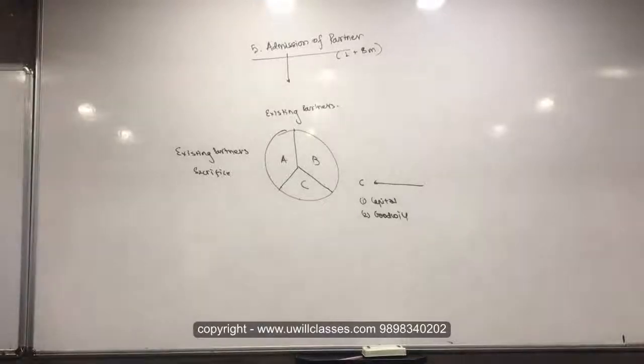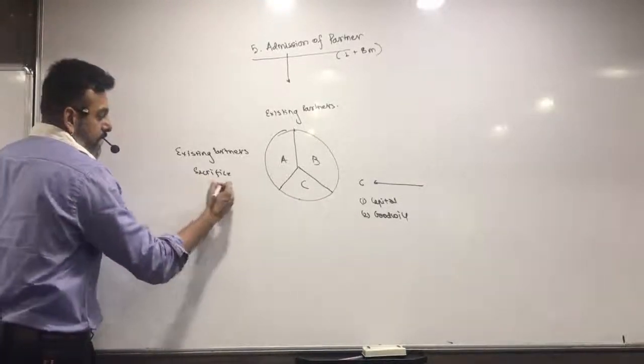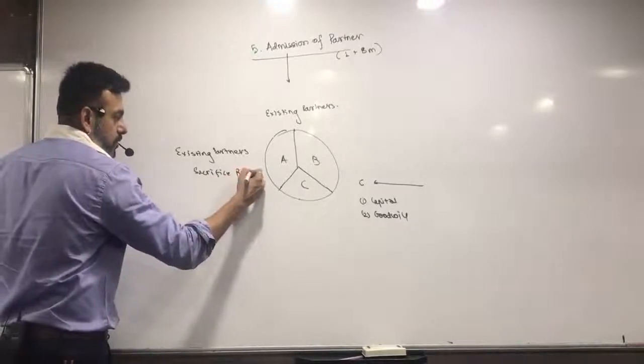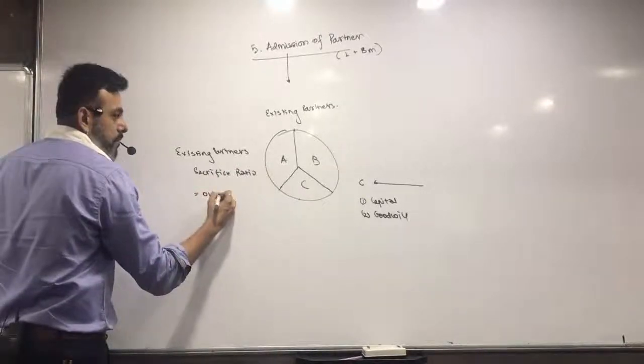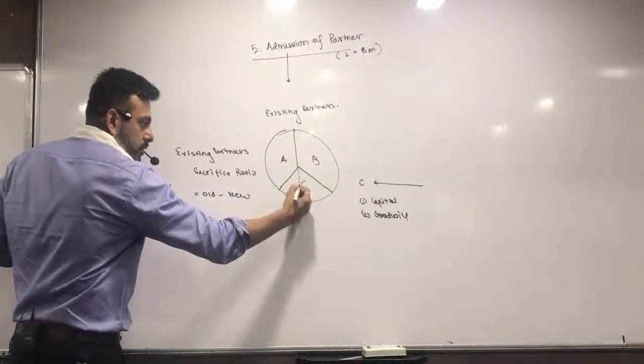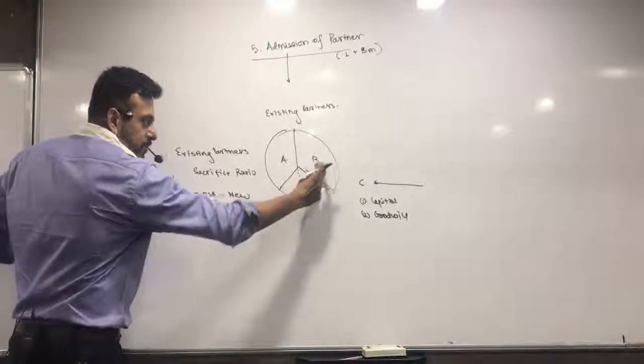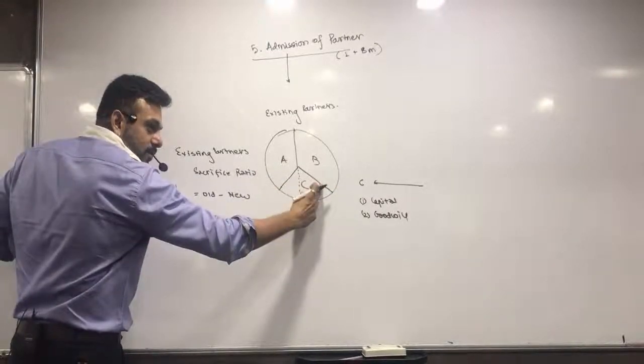You understood this? Now, how do we calculate this sacrifice? Sacrifice ratio is equal to old minus new. You can see the old one was more, this was the old one. Now A is sacrificing this much and B is also sacrificing this much.